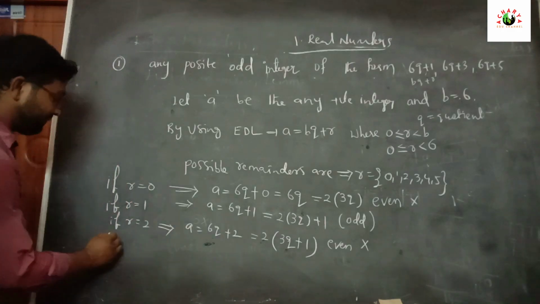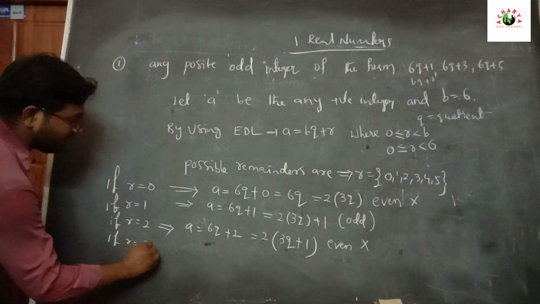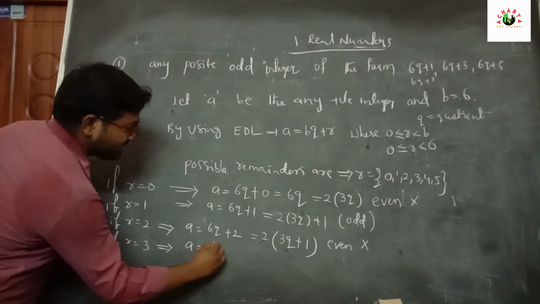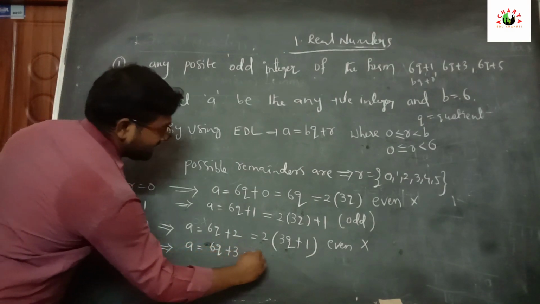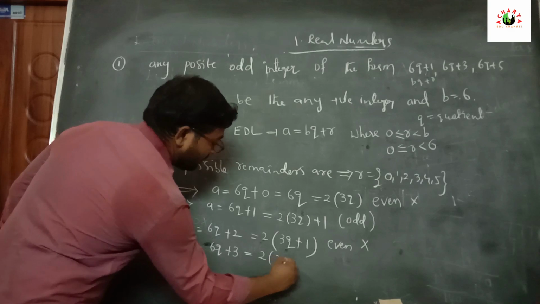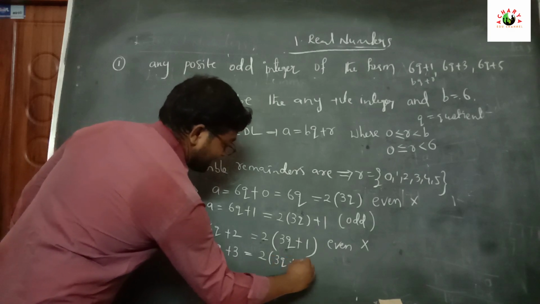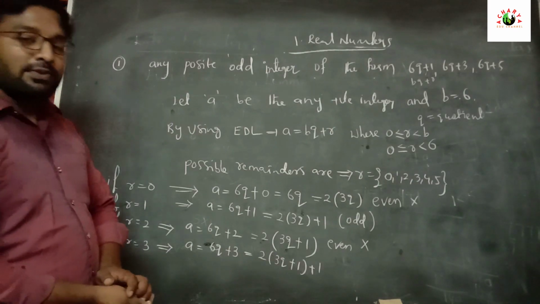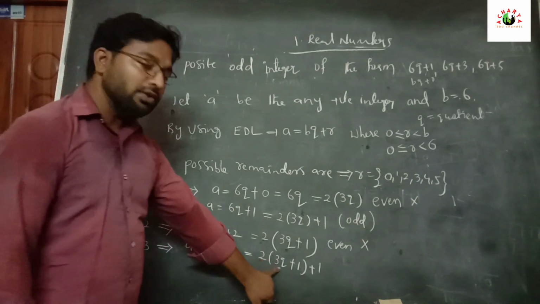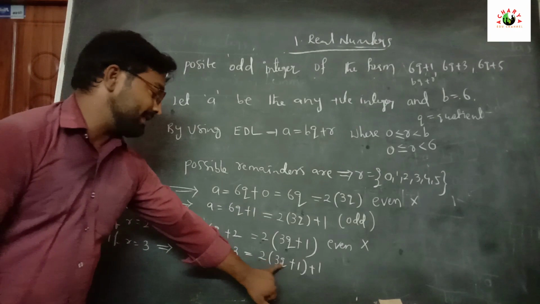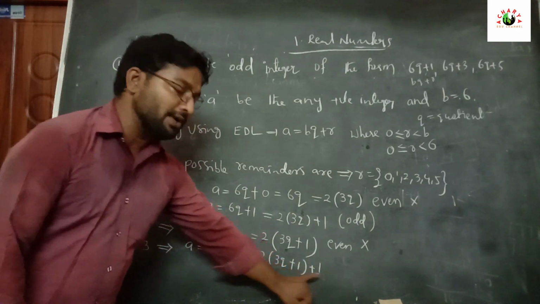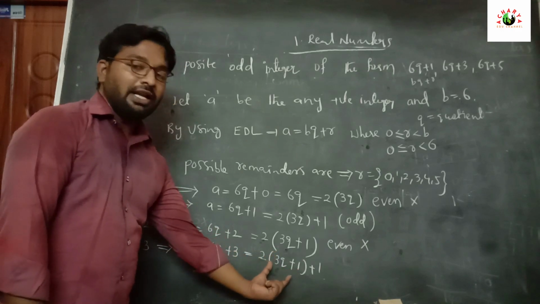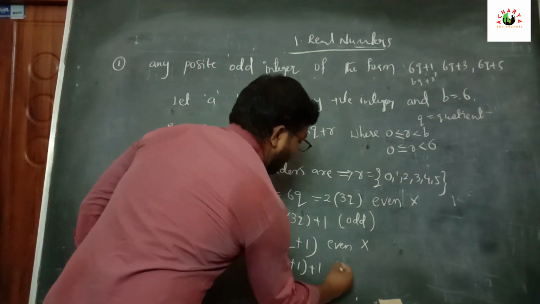So next, if r is equal to 3, then a is equal to 6q plus 3, that is equal to 2 into 3q plus 1, plus 1. How? 2 into 3q is 6q, plus 2 into 1 is 2, and plus 1 is 3. So is this even or odd? This part is even, and even plus 1 is odd.